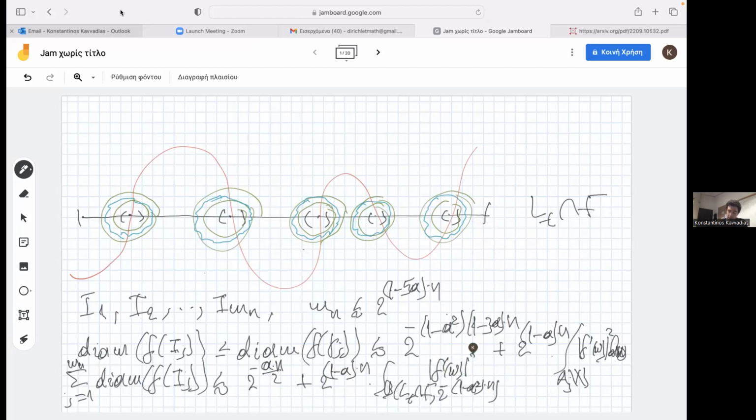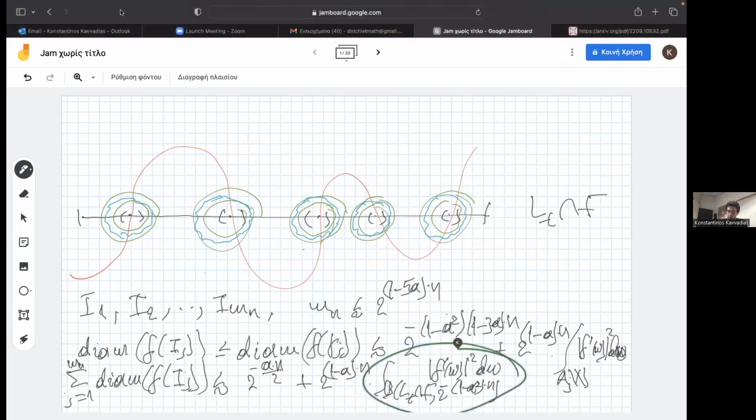But by Fubini theorem, this term behaves just like 2 to the minus 1 minus A squared times N. This comes from Fubini theorem, and because the derivative of f is defined Lebesgue almost everywhere, because the Lebesgue measure of the set is equal to 0. So overall, if we take A sufficiently small, this is at most a constant times 2 to the minus A times N over 2.